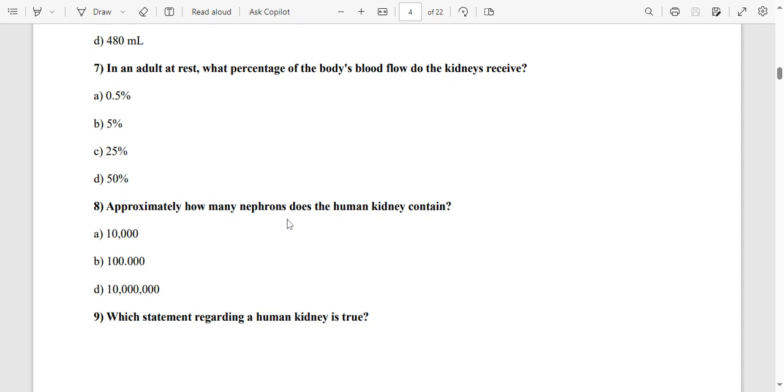Approximately how many nephrons does the human kidney contain? The human kidney contains 1 million nephrons. So that is going to be 1 million. Which one is 1 million here? Okay, the option for 1 million, I didn't even include it. So that was option C, 1 with 6 zeros.